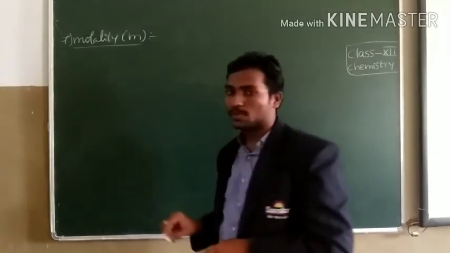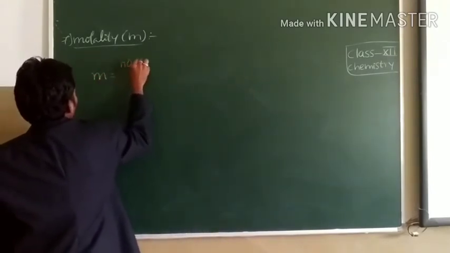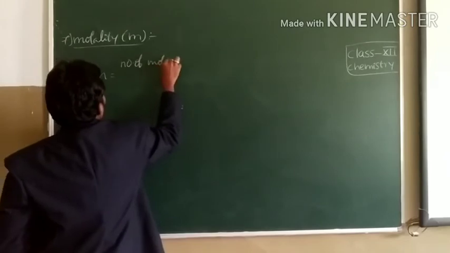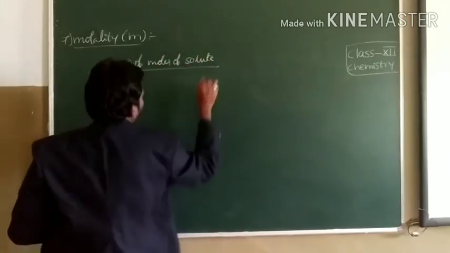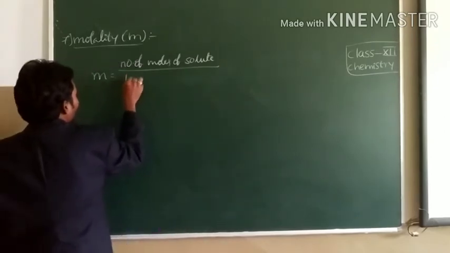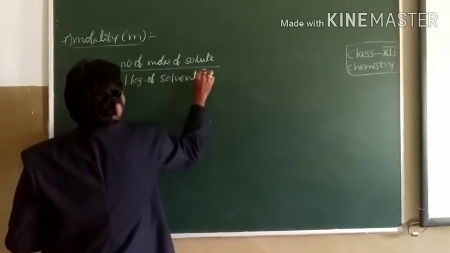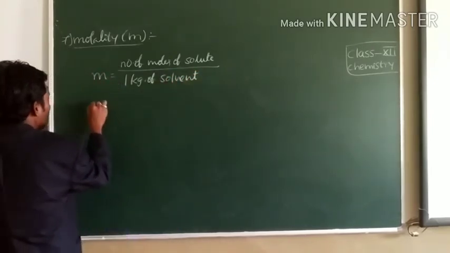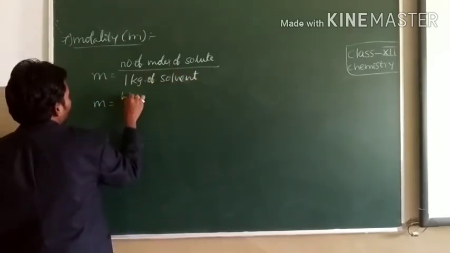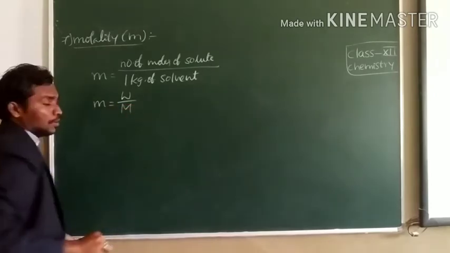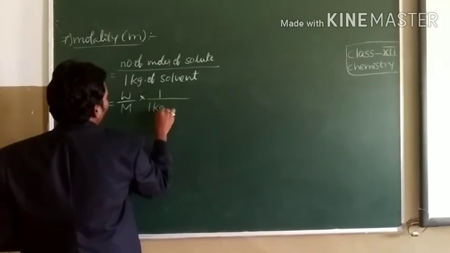Molality is denoted by small m, and the formula of molality is equal to the number of moles of solute present in 1 kg of solvent. Molality small m is equal to the number of moles of solute, which we can write as weight of solute by molar mass of solute, into 1 kilogram of solvent.